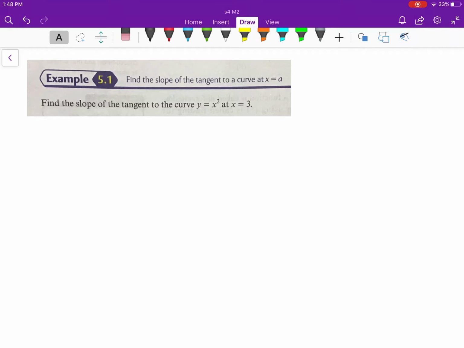Now, let's go to one question. Find the slope of the tangent to the curve y equal to f(x) at x equal to 3. First of all, we can let f(x) equal the function.